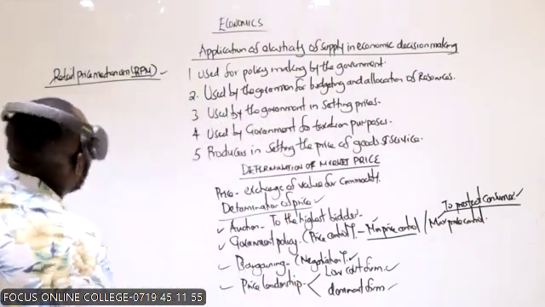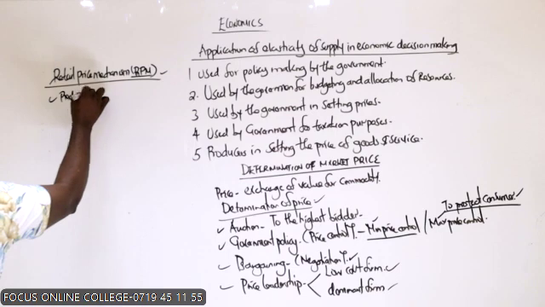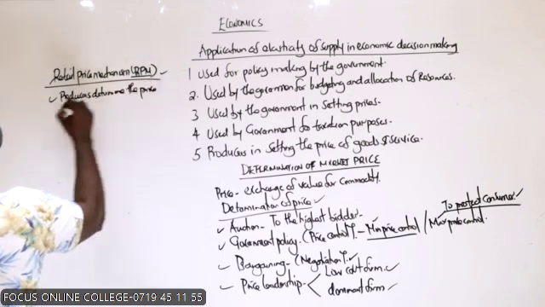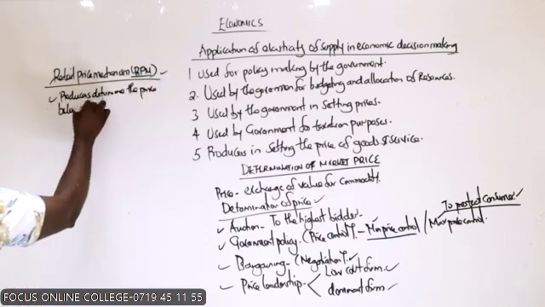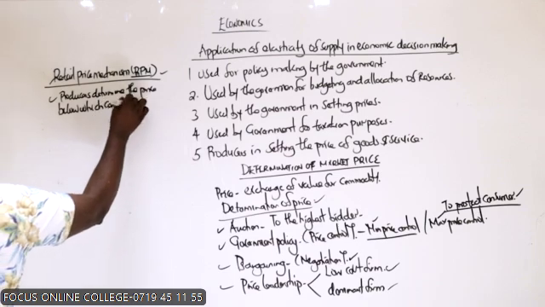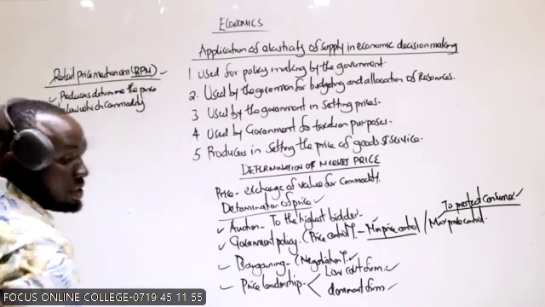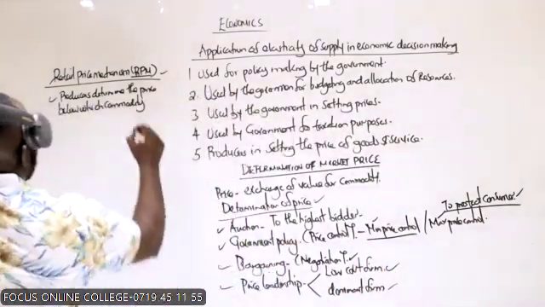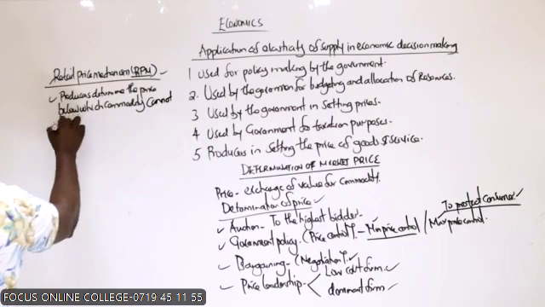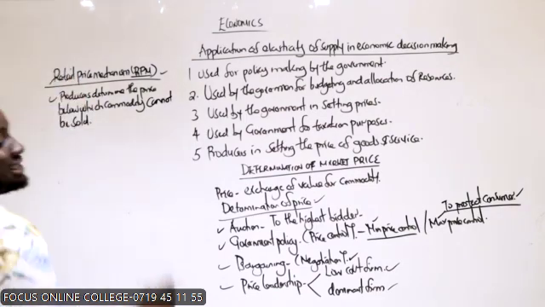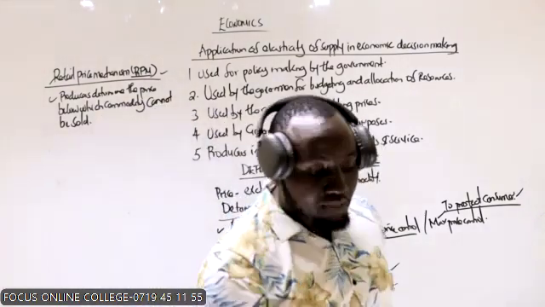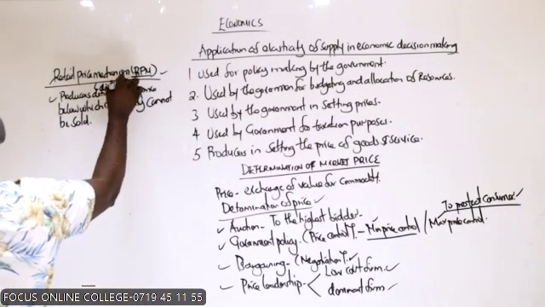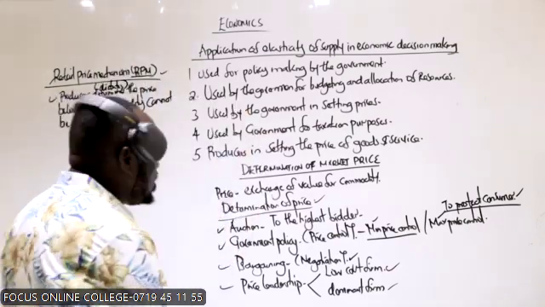It is the producers that dictate the price below which the commodity cannot be sold.